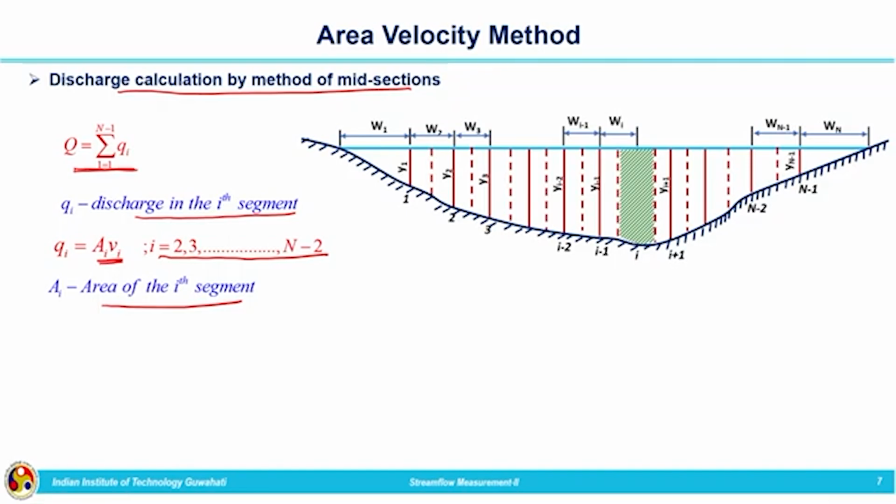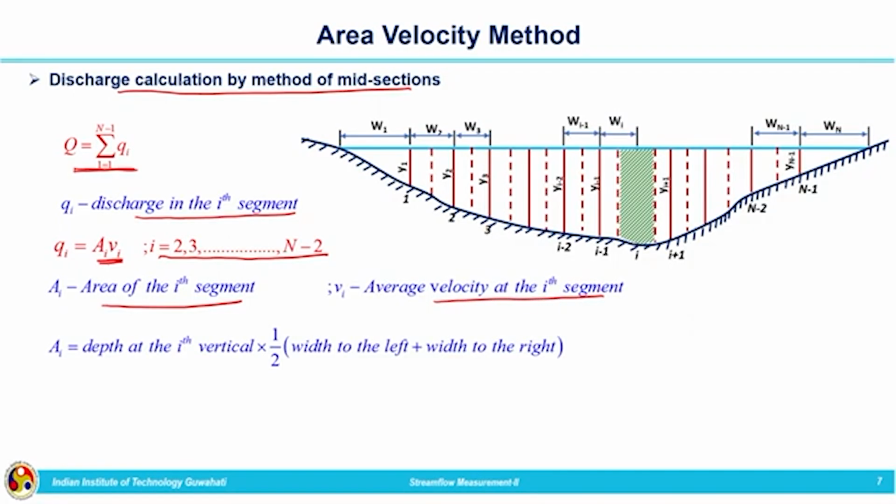You can see here the area marked by this hatched diagram. This is approximately a rectangle. Vi is the average velocity at the ith segment, and area can be calculated as the depth at the ith vertical multiplied by half of the width to the left plus the width to the right.